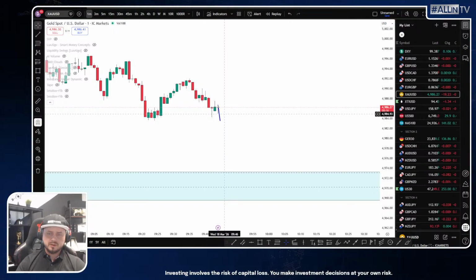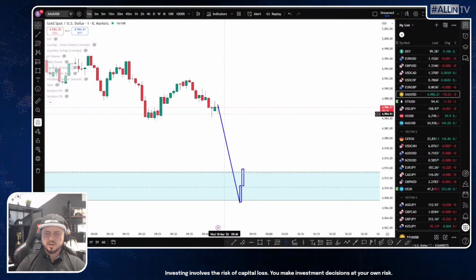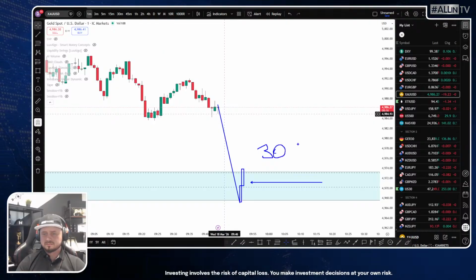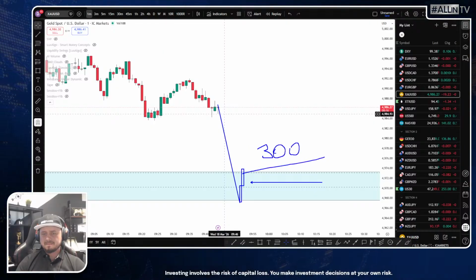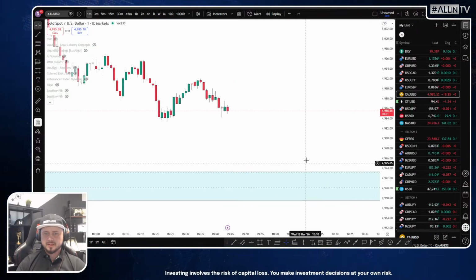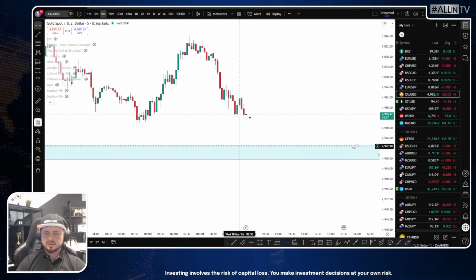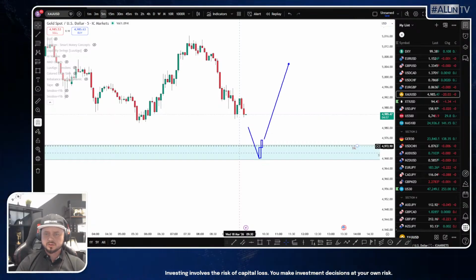So if the price will reach this level from 1 minute time frame, strong reaction, we can jump. Usually from 1 minute time frame, strong reaction, this can be 300 pips, guys. This is gold. So yeah, but we're gonna look at that. That's the first option. So after strong reaction, enter the position to go up.